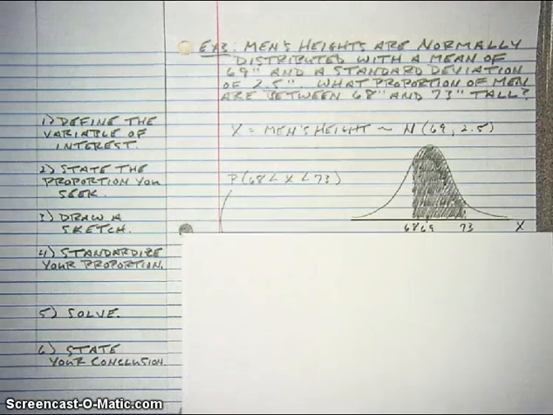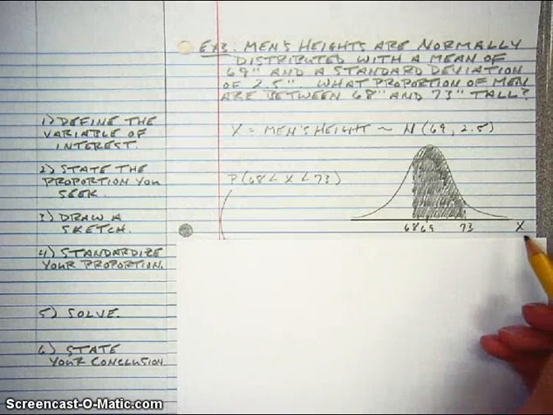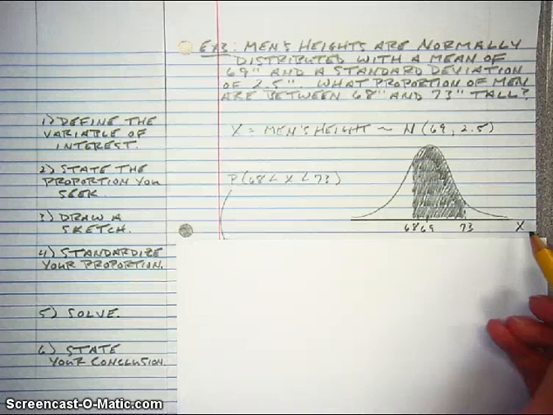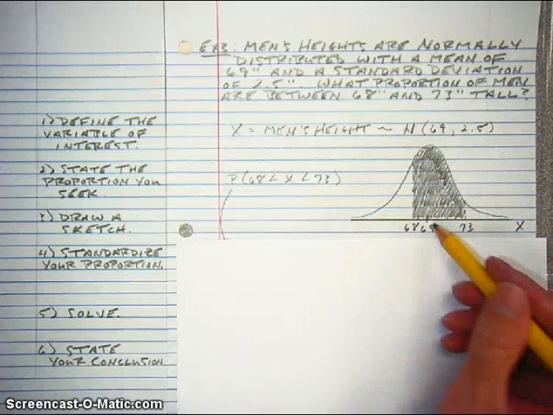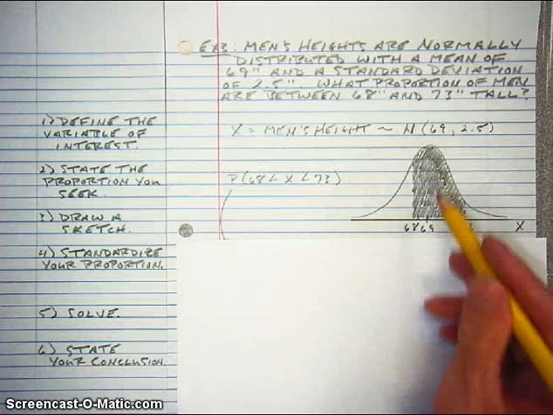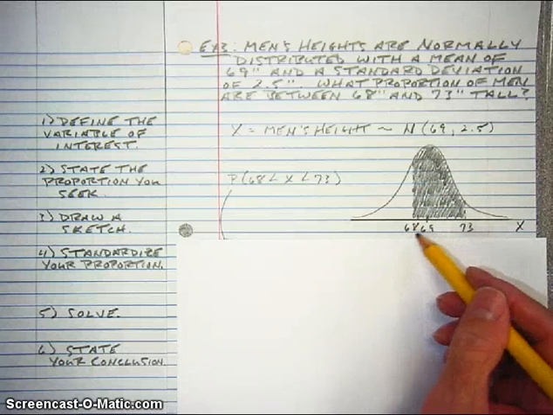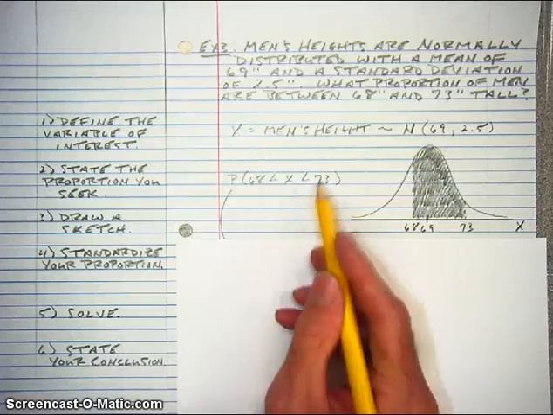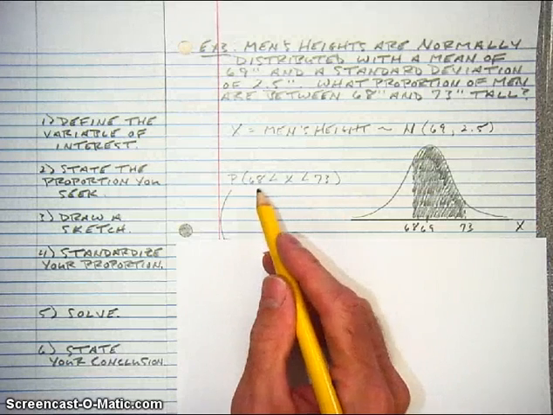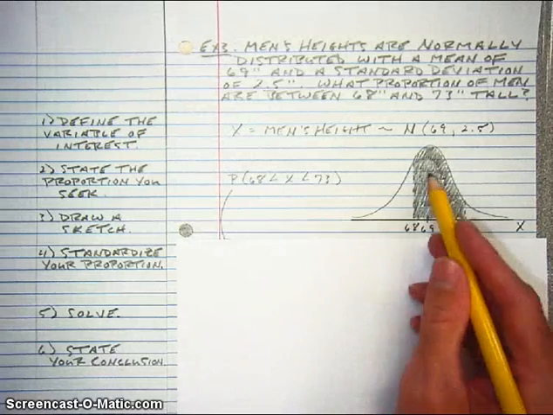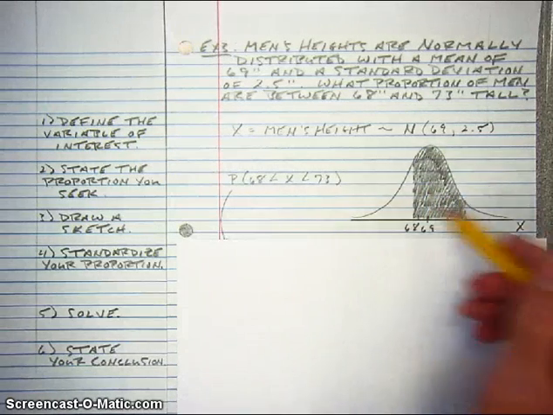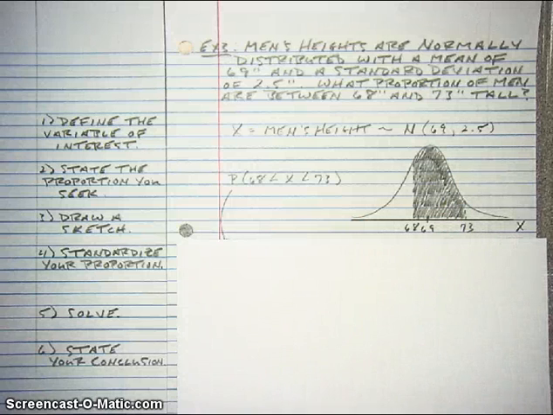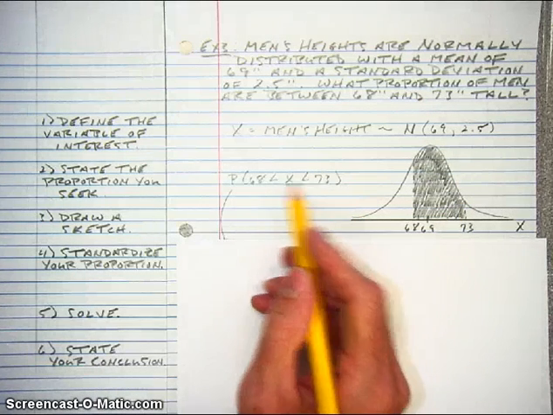And then here is the picture. I drew an axis. I put in my variable as a label. I drew the normal curve. I put 69 here under the center for the mean, and then I put my boundary values of 68 and 73, and I shaded in between. This is a compound inequality. It's going to have finite boundaries on both sides, and we can shade that area in there above that interval. When we standardize, we have to standardize all three parts.